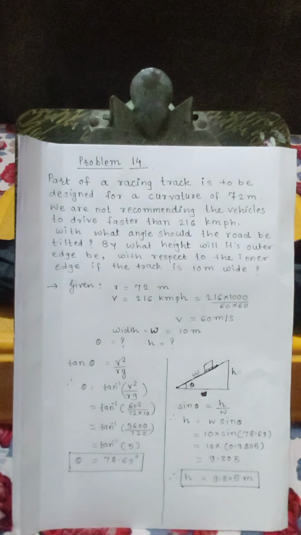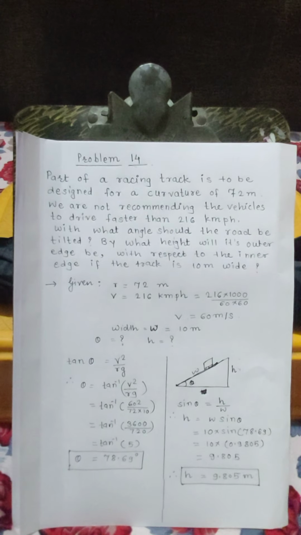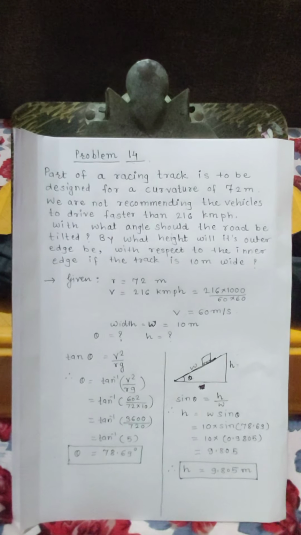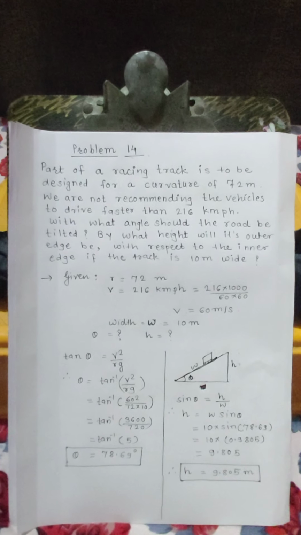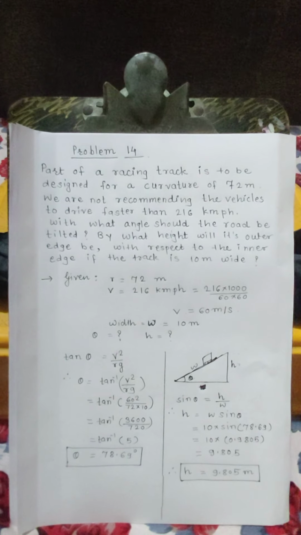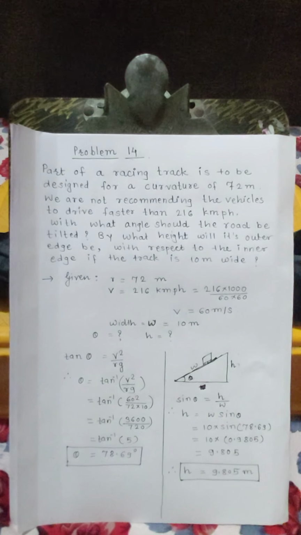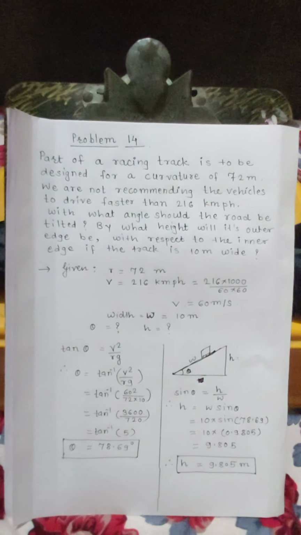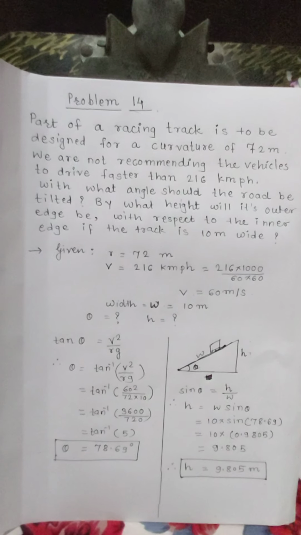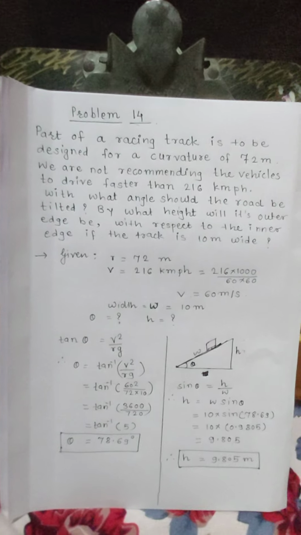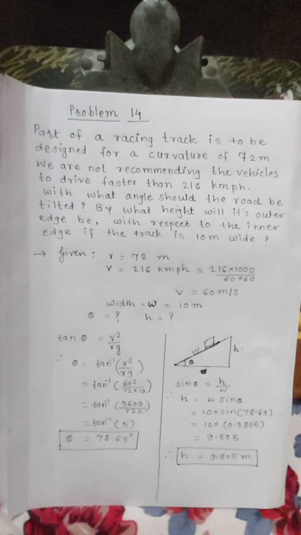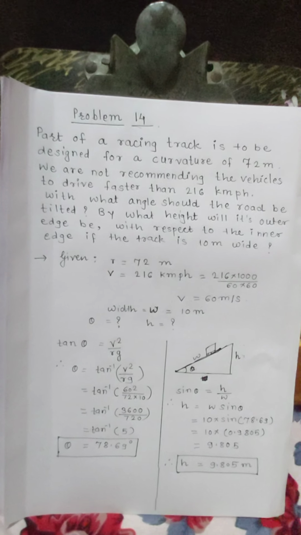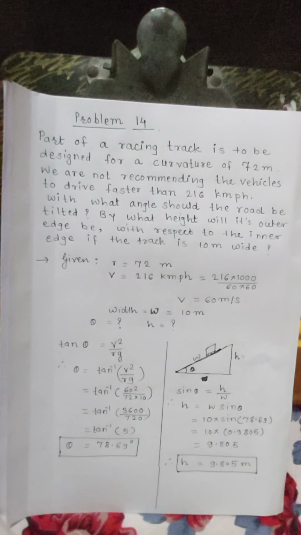It is given that part of a racing track is to be designed for a curvature of 72 meter, means the radius of the track is 72 meter. Then we are not recommending the vehicles to drive faster than 216 kilometer per hour.